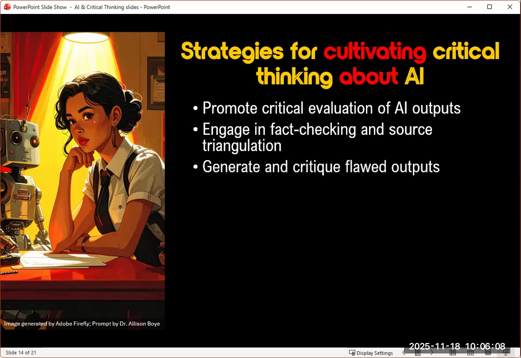Generate and critique flawed outputs. Ask students to intentionally analyze poor or inaccurate AI answers. And I have to tell you, it's actually really fun to use AI to do that. I had a lot of fun generating really bad essays with it. So I highly recommend that. It's actually pretty entertaining.